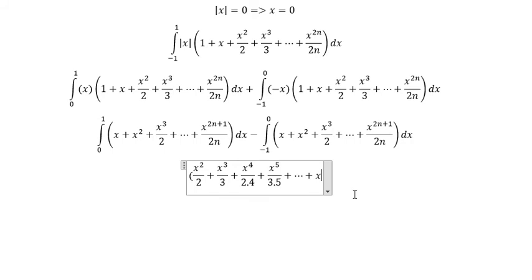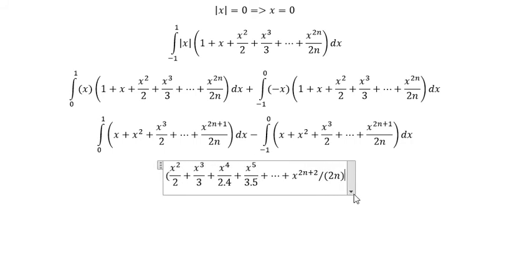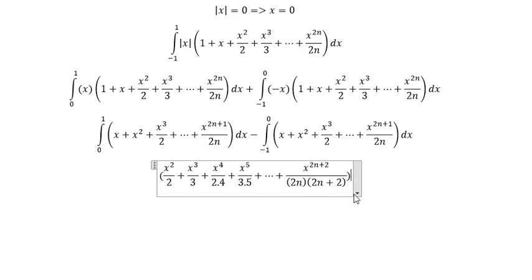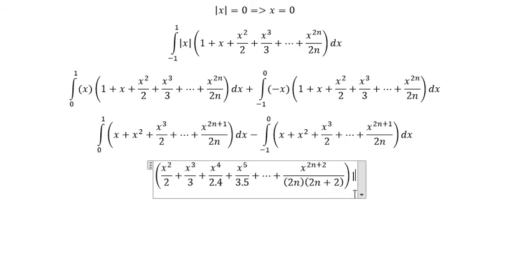We have x to the power of 2n plus 2 over 2n multiplied with 2n plus 2, and we have the limits 0 and 1.